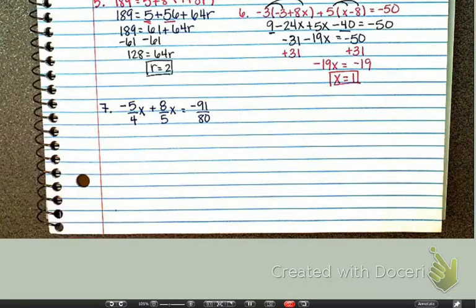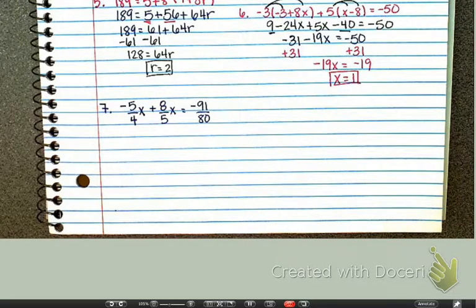Okay. So we're going to just write it down, and we're going to talk about this before we do anything. So negative 5/4 x plus 8/5 x minus negative 91 over 80.